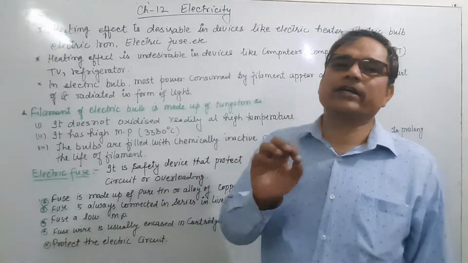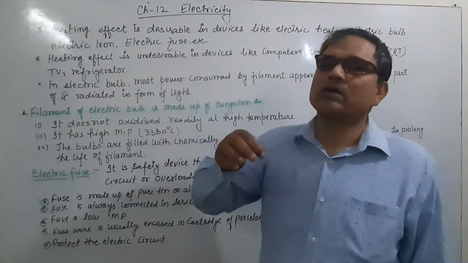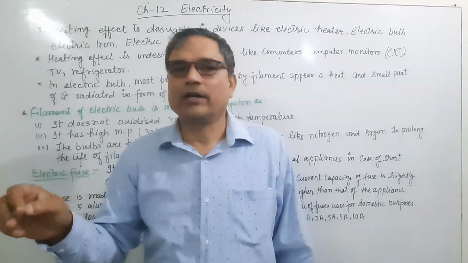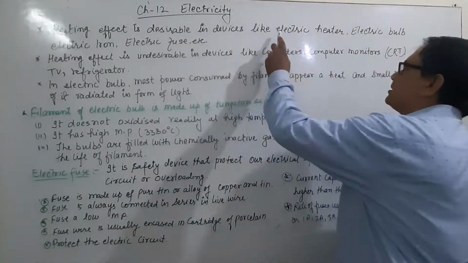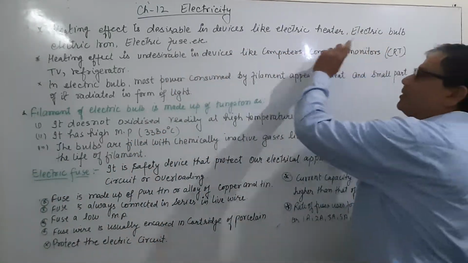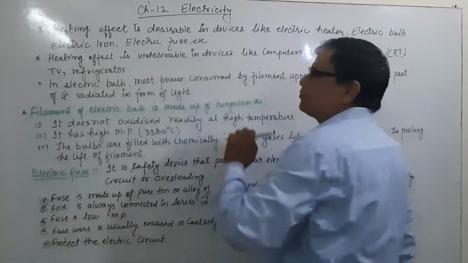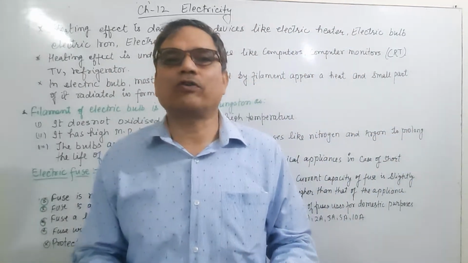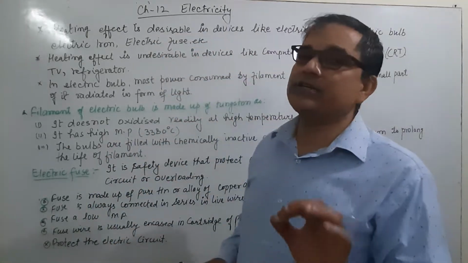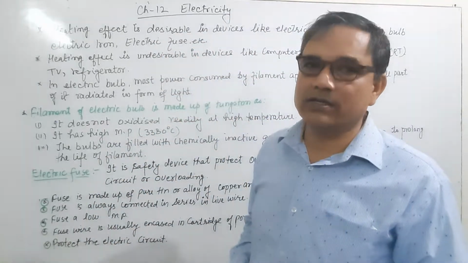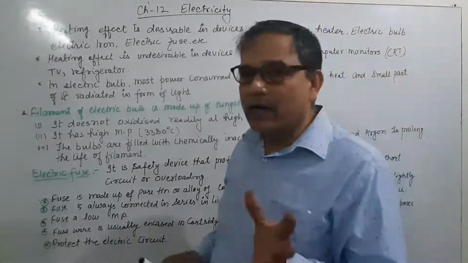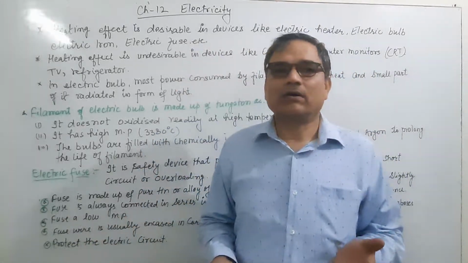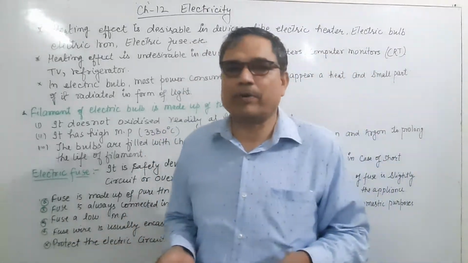It also shows the heating effect and works on Joule's law of heating effect. The electric heater, electric bulb, electric iron and electric fuse all work on the basis of Joule's law of heating effect, and these are desirable and compulsory.